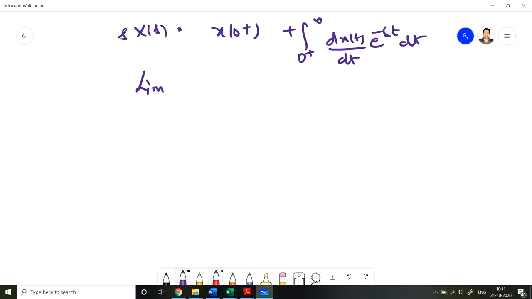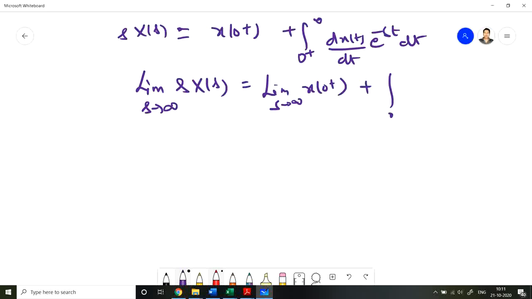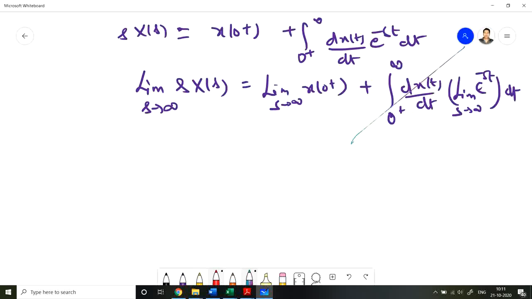Now if we apply the limit s tends to infinity on both sides, the term e to the power minus st becomes 0, so this whole integral becomes 0.